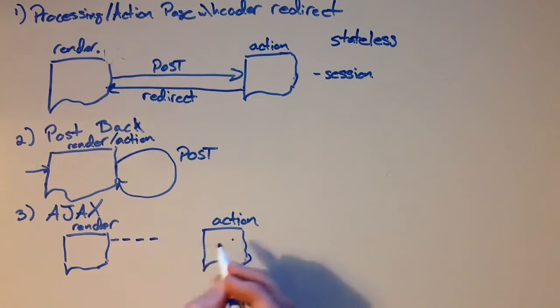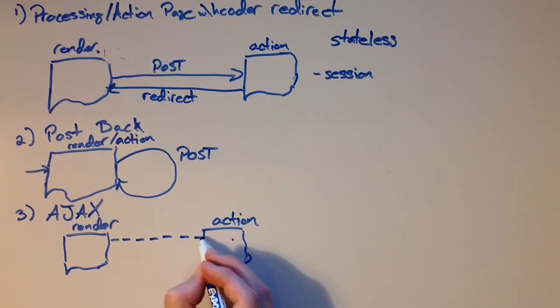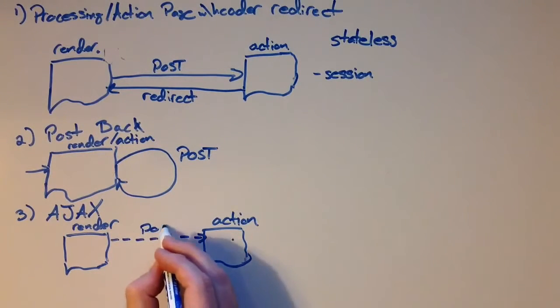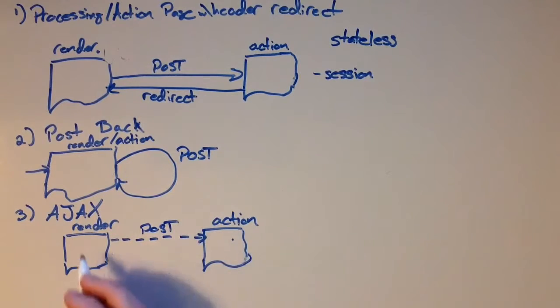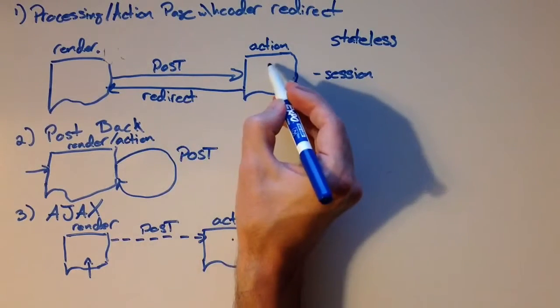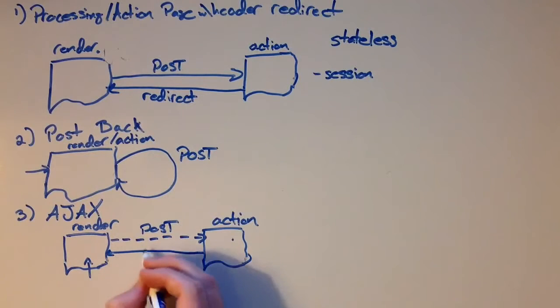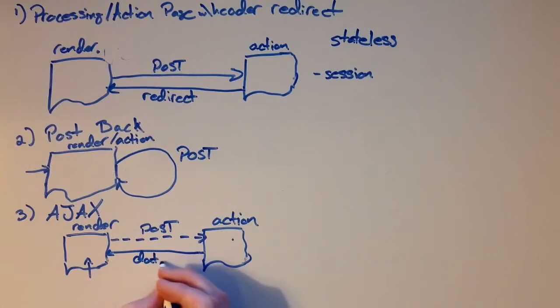A JavaScript request is sent to the action page, but the user is actually still on the render page. They never officially go to the action page through this Ajax technique. And the action page would return data back to the render page.